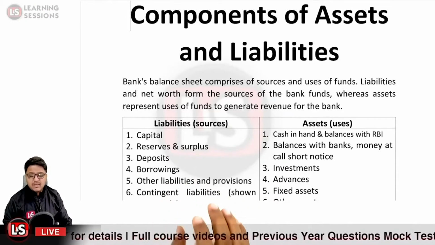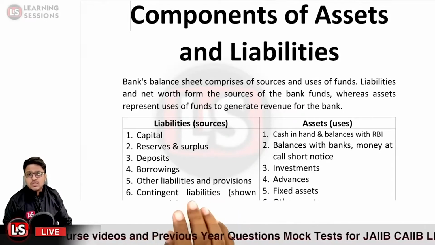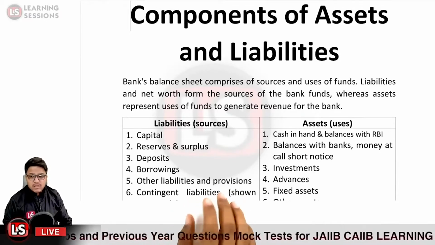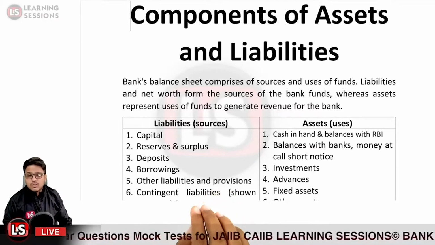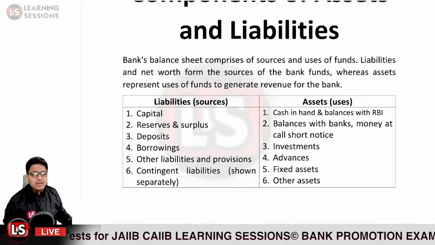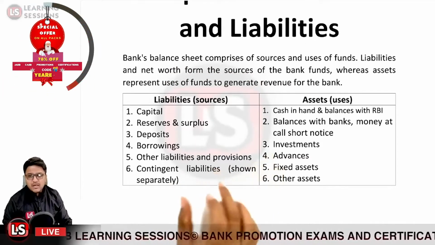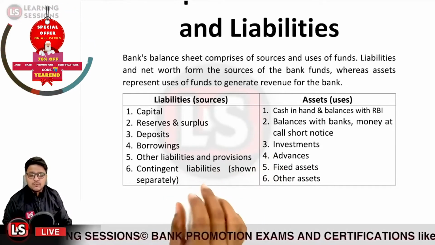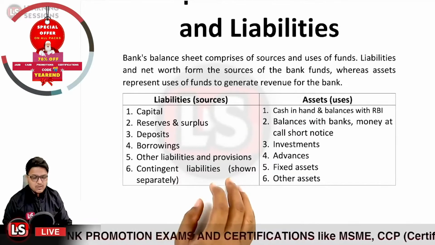It may be accrued interest which is to be paid on the deposits, or provisions that you have created for the payment of your liabilities, or contingent liabilities. But contingent liabilities are not shown in the balance sheet itself. They are shown as footnotes, separately in a different schedule.